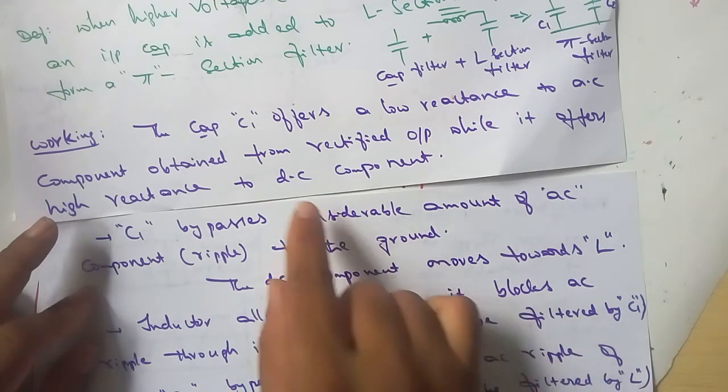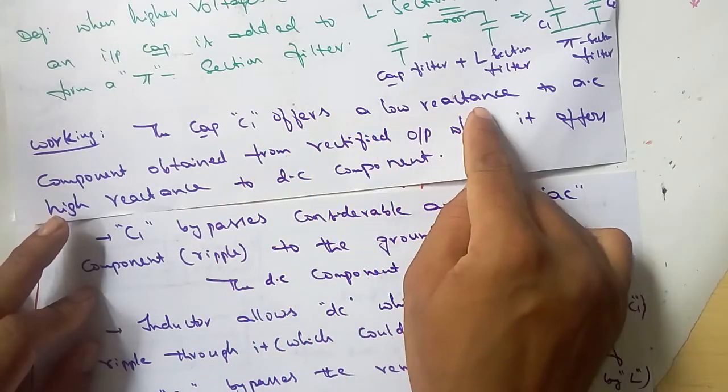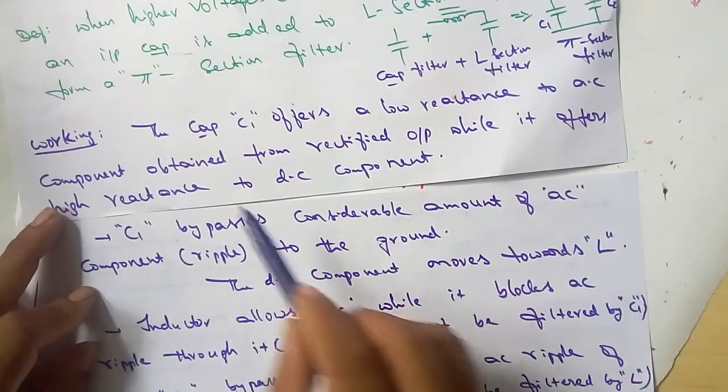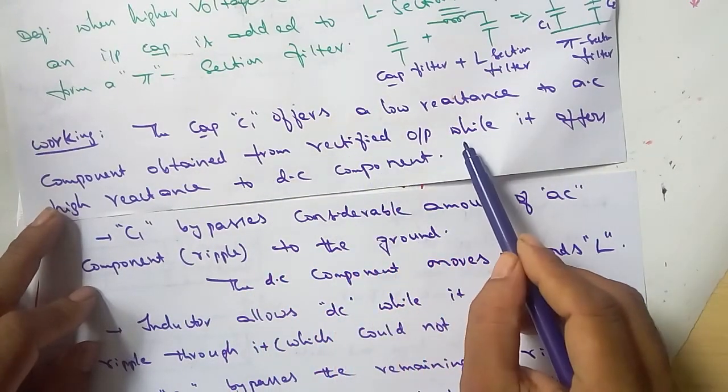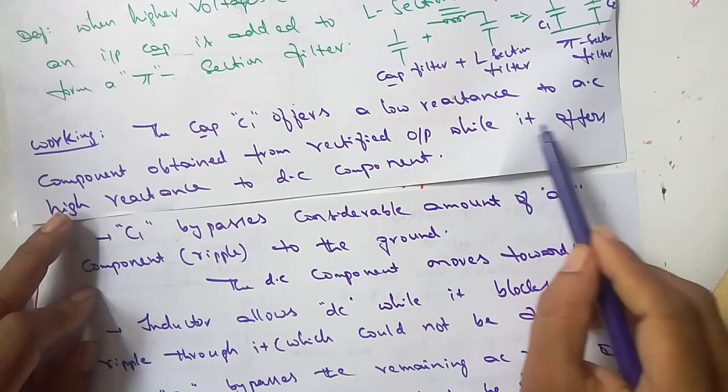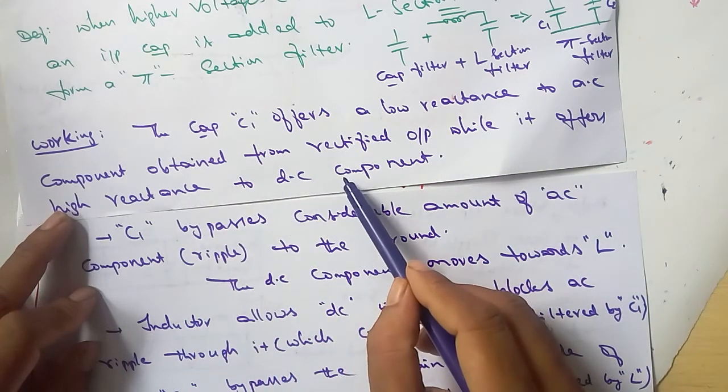Again, the capacitor C1 offers low reactance to the AC component obtained from the rectified output, meaning the full wave rectifier output, while it offers high reactance to the DC component.